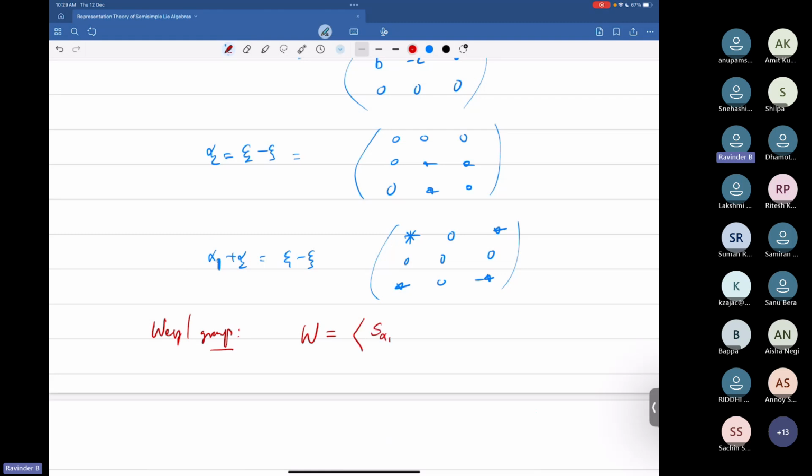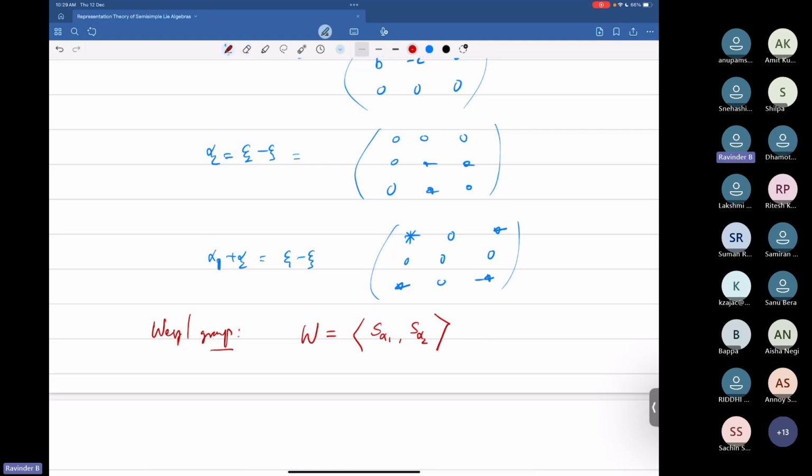So what is a simple root? You have seen all this. It is actually generated by the reflections for all positive roots, but it is a theorem that you don't need all the reflections corresponding to the roots. You just take the simple roots, and they do generate the Weyl group.